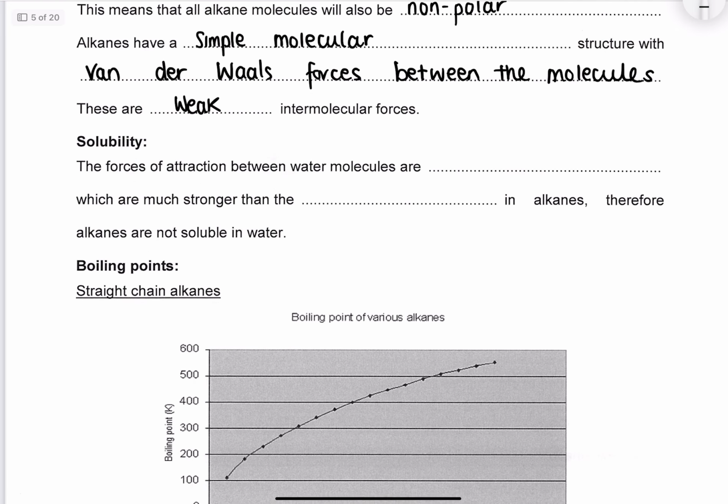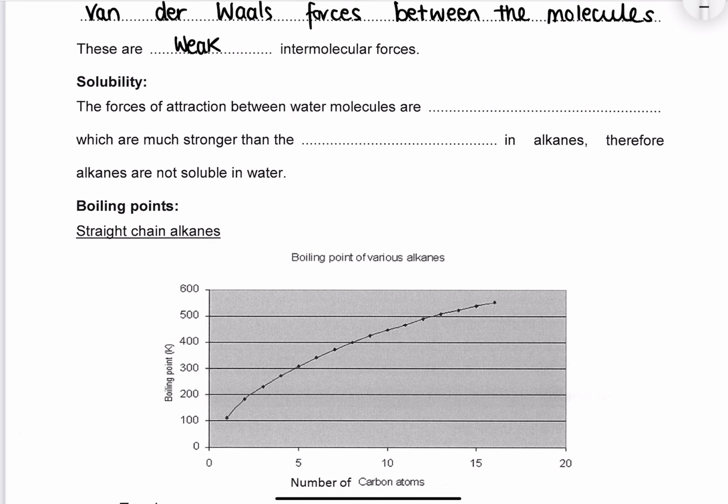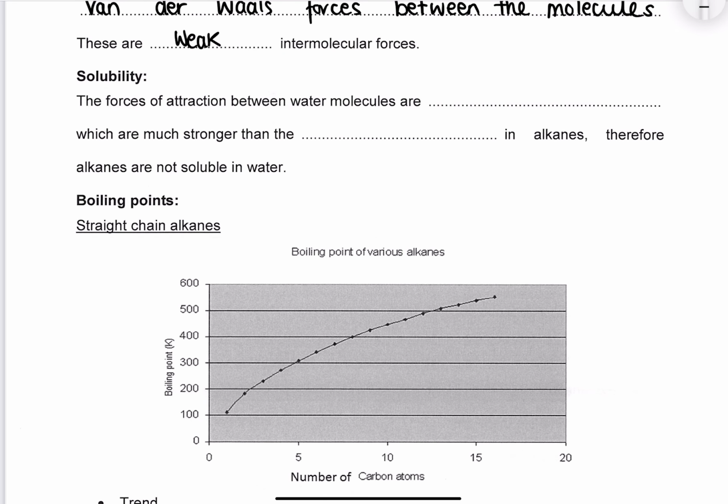The next thing we're going to look at is their solubility. To dissolve, you need to make attractions to water. Water itself has hydrogen bonds between the water molecules, and they're much stronger than the van der Waals in our alkane structure.